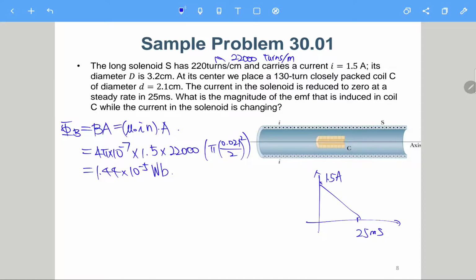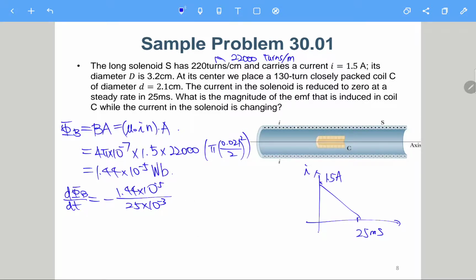In this case, as long as the current is reduced at a steady rate, phi B is also reduced to 0 at a steady rate, which means d phi B dt equals minus 1.44 times 10 to the minus 5th power over 25 times 10 to the minus 3rd power, because it takes 25 milliseconds to reduce to 0.